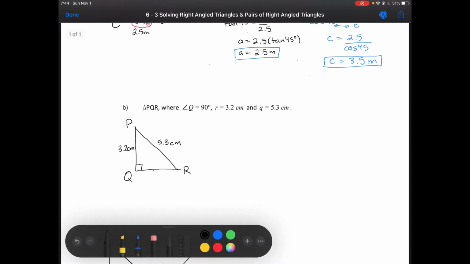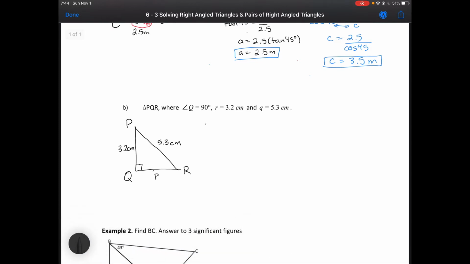So what I need to find here is little side p, angle P, and angle R. Let's start off by finding little side p, and I'm going to use the Pythagorean theorem for that, not even trigonometry. I know that 5.3 squared has to be equal to 3.2 squared plus p squared, and p squared is going to be 5.3 squared minus 3.2 squared.